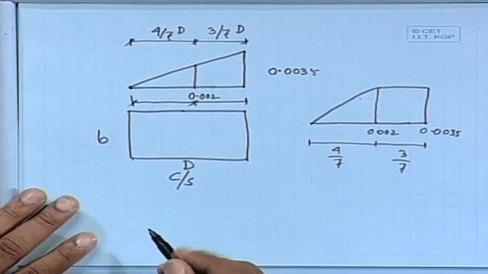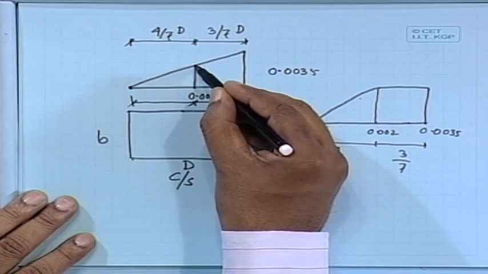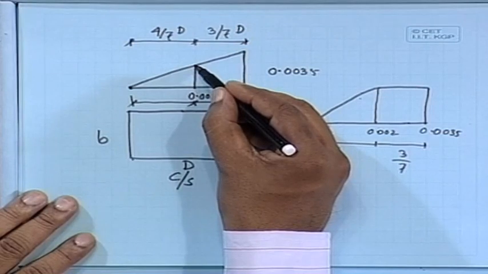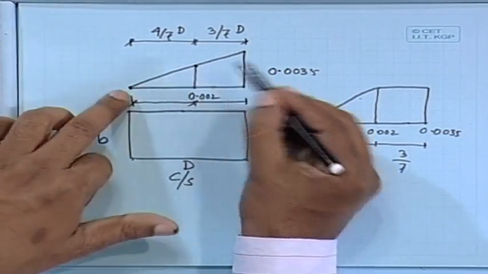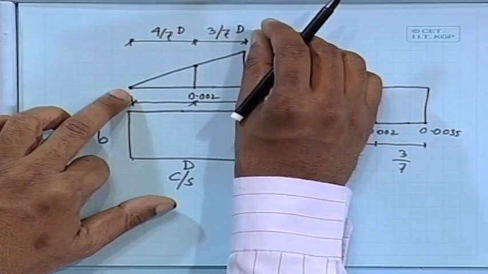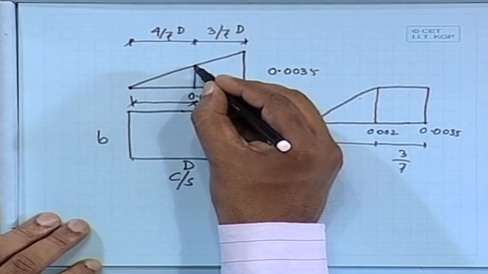Now, this line will rotate with respect to this point. If we rotate about the other point, then our strain will increase and go beyond 0.0035. So, this is our pivot point.